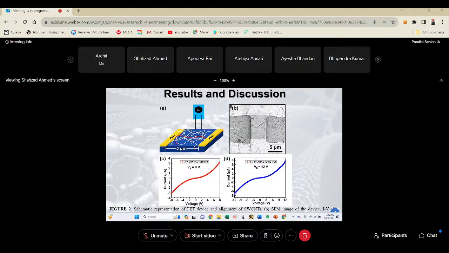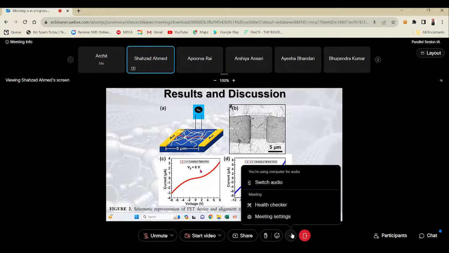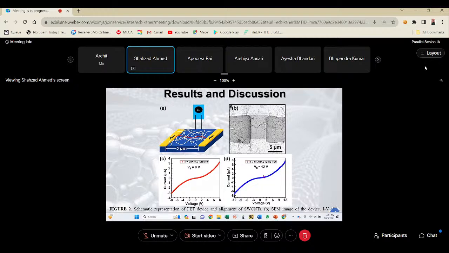This is a schematic of the device, and figure B shows the SEM image. You see a CNT between the source and drain, with a length of about 5 to 10 micron. Here are the IV characteristics, which show nearly ohmic character at 8 volt and 12 volt.